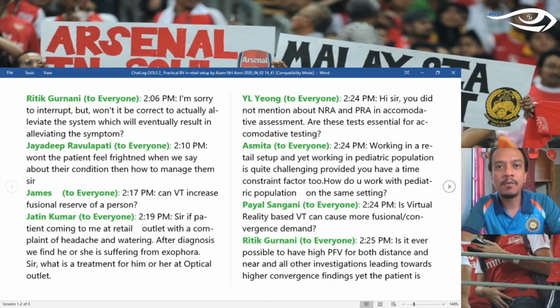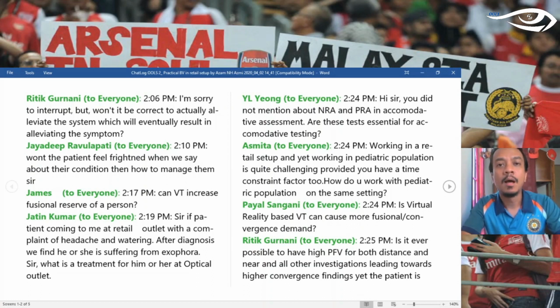However, the context of our discussion today is retail practice. In retail practice, we must remember that chair time, the time spent by a patient or client in the practice, is very valuable. You don't want to spend too long, because you may have walk-in patients that you also want to examine.